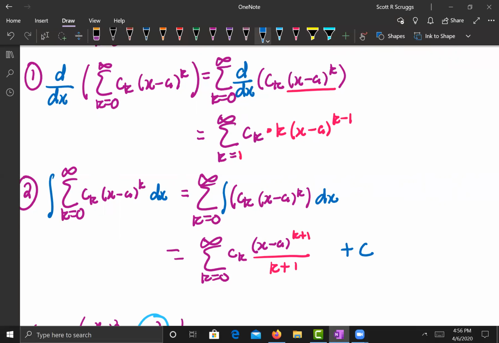I still have an x minus a raised to some power that's dependent on my index k. And that's true for both the derivative and the integral of a power series. So that's another powerful concept: the center is preserved and the radius is preserved.